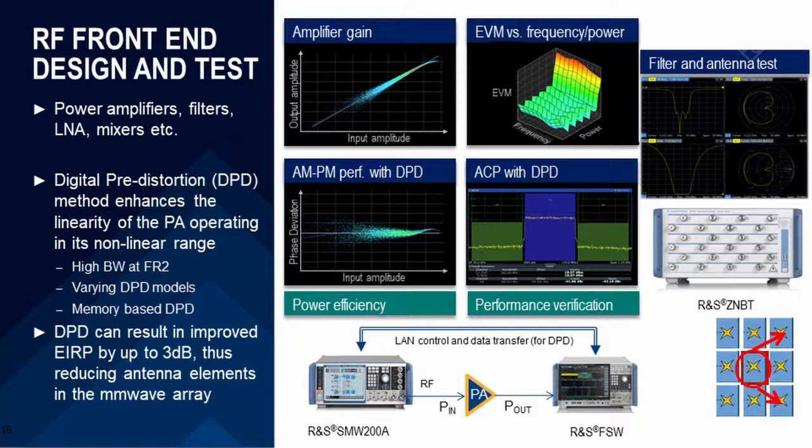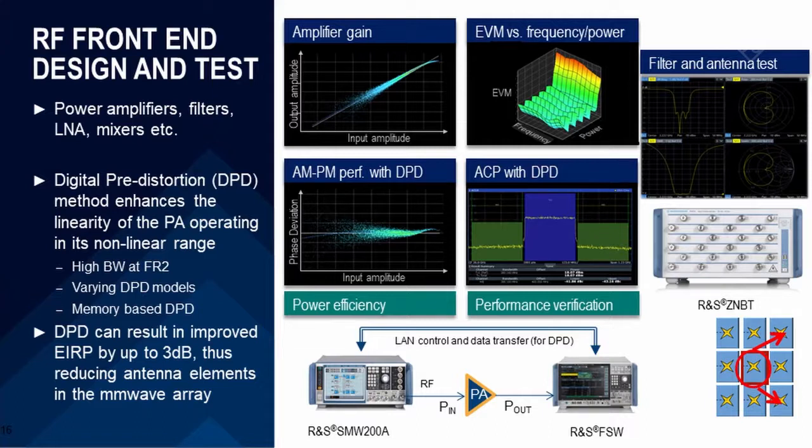For power amplifiers, we need to measure the gain and the EVM performance, and we also have methods like DPD, digital pre-distortion, which is used to enhance the linearity of the power amplifier operating in its nonlinear range.